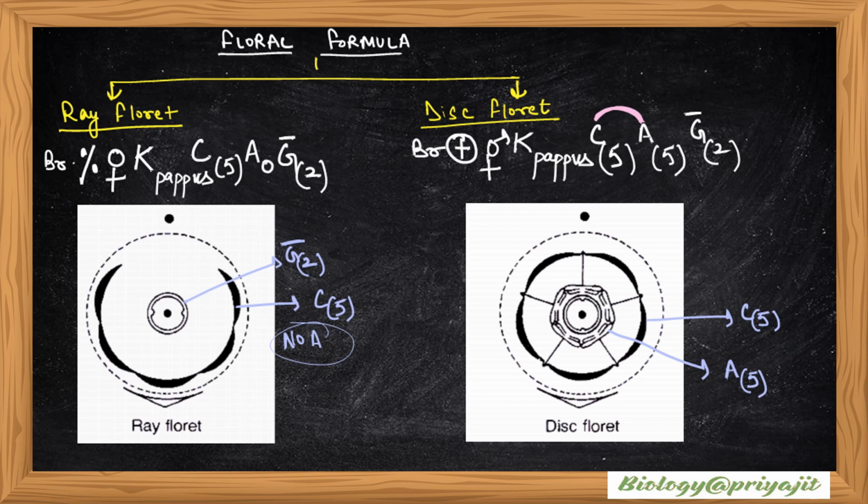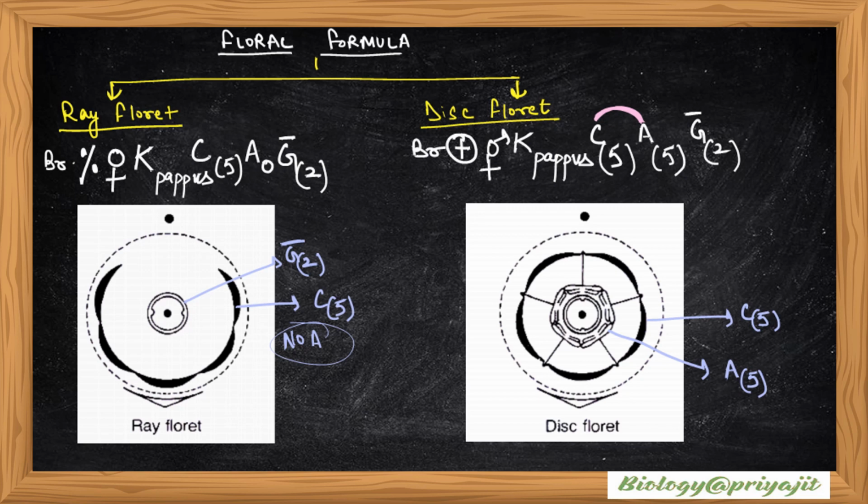In case of disc floret, the flowers are bracteate, and here you can find actinomorphic symmetry. This flower is bisexual.